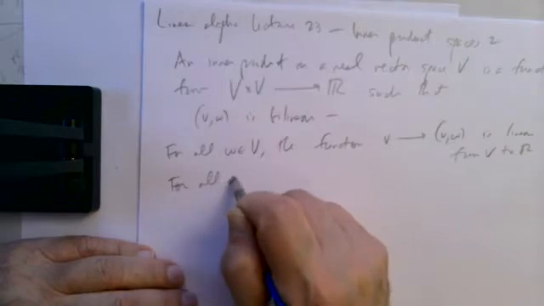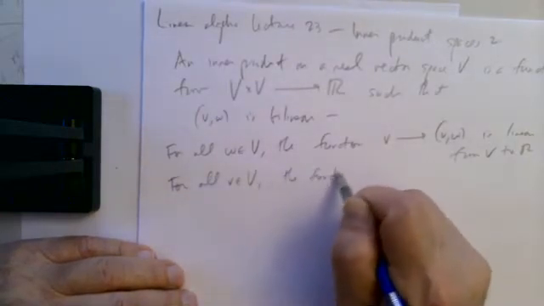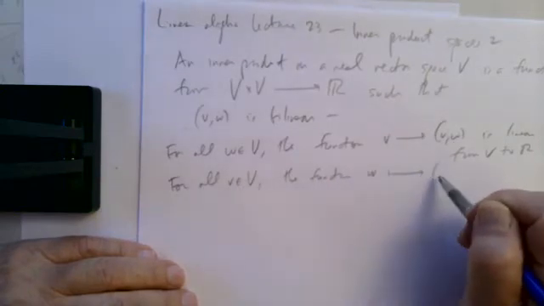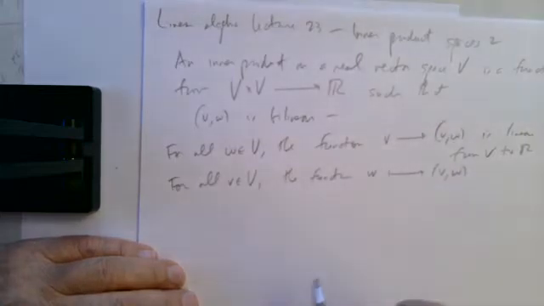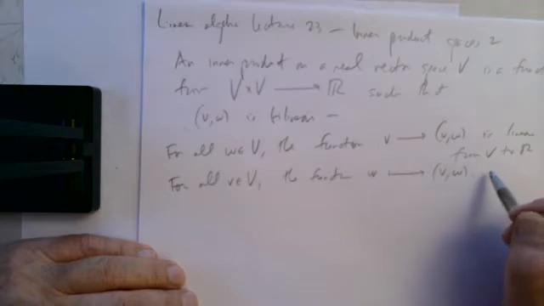Similarly, for all V in V, the function that sends the vector W to V comma W, so V is fixed, so for every W, this gives a real number.